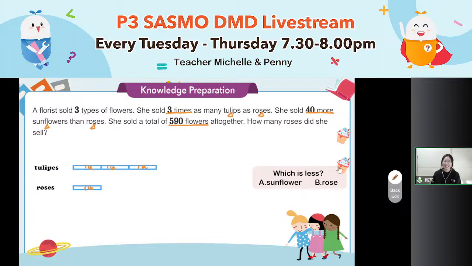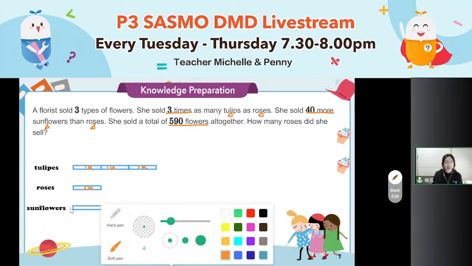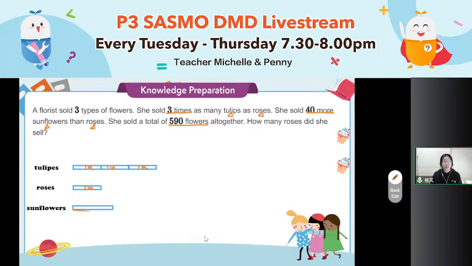Now we already know the rose will be less and the sunflower more, so the sunflower bar should be longer than the rose. Let's see, 40. I need to label this number on the model. Which part? We need to draw a dashed line to compare rose and sunflower. This part is 40.